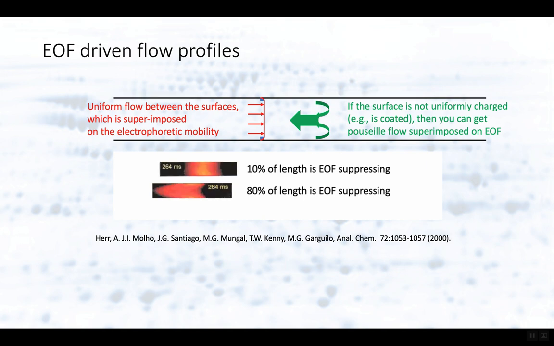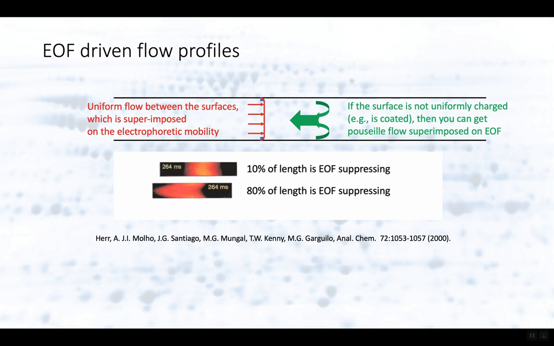We get EO driven flow. This is a neutral fluorescent marker, and you can see how it migrates down the channel in a fraction of a second. These are in milliseconds. But in the same channel where only 10% of it was coated and the rest was not coated, you can see the superimposition of EOF flow at the walls with pressure-driven flow to produce that bullet-shaped Poiseuille flow in the center.